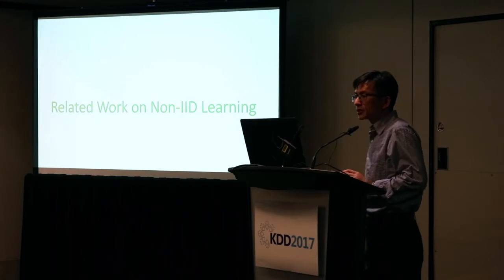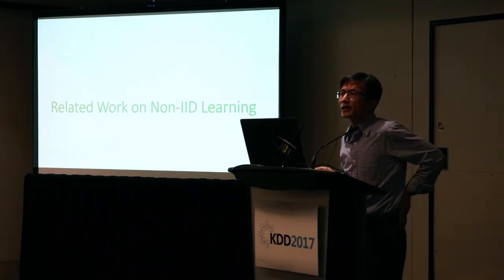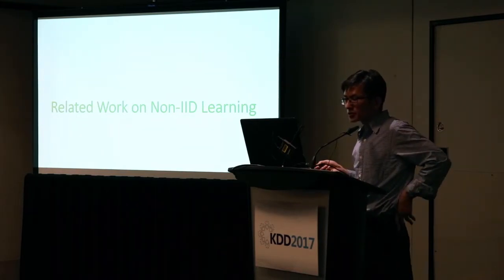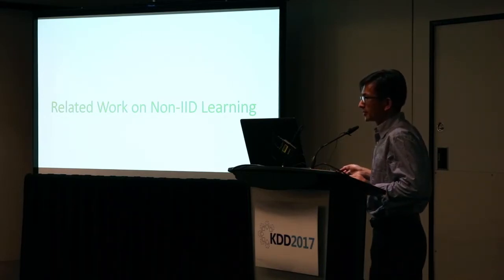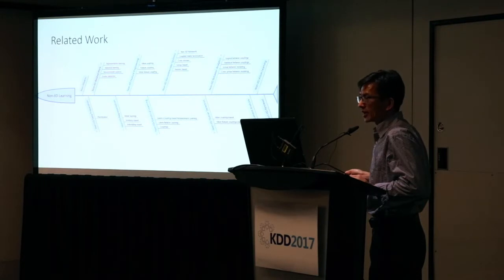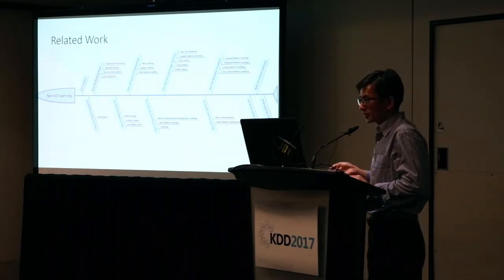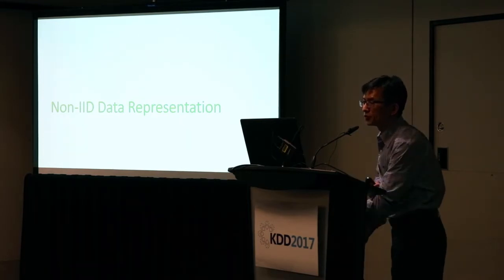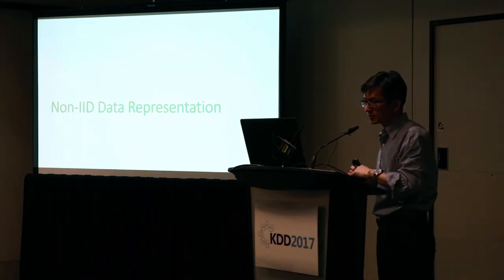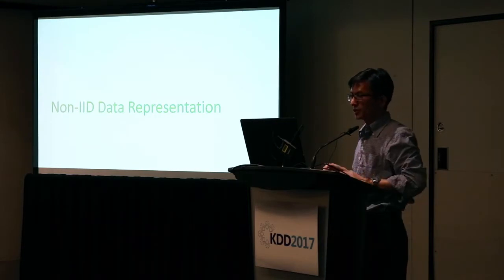Related work, I'm not going to talk about them. You can find them on the online website, in the slides that were shared. They cover different areas, as I mentioned. So now I move to the first case session, which is about non-IID data representation.